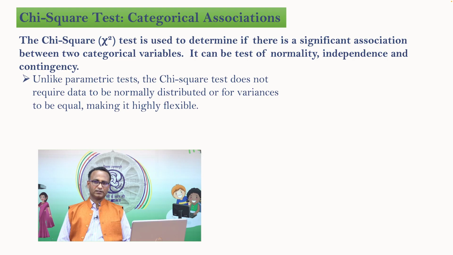And the most widely used non-parametric test among researchers is the chi-square test. It is very popular, like the t-test. Most research scholars use chi-square because it is easy to understand, easy to calculate, and easy to interpret, and therefore we use the chi-square test as a non-parametric test in many situations.